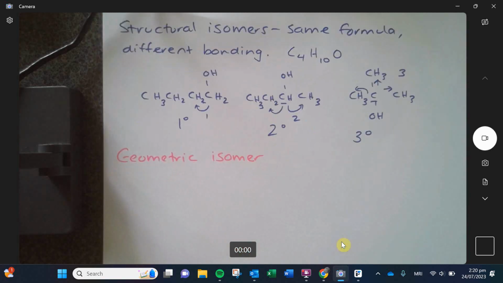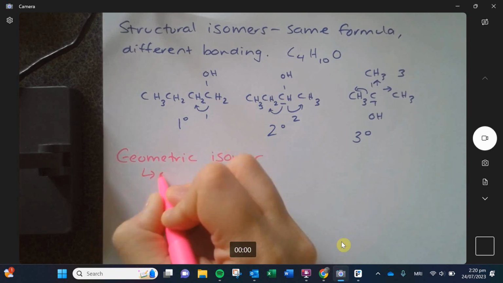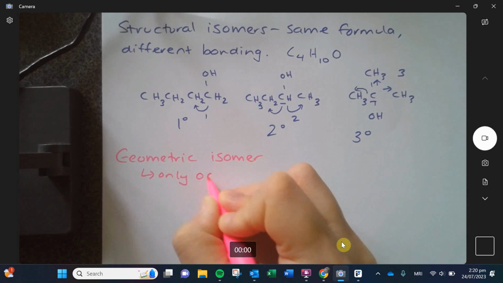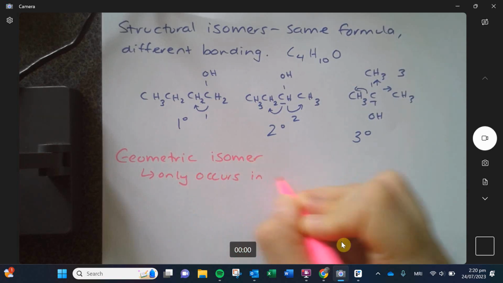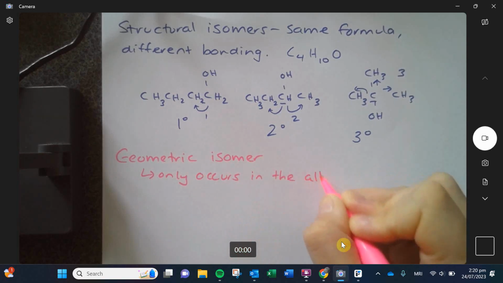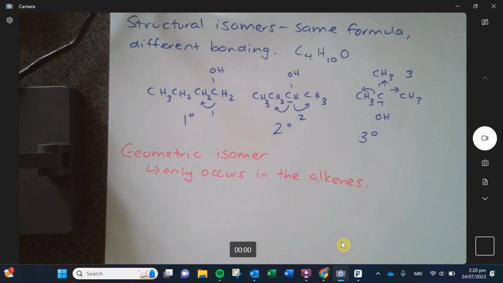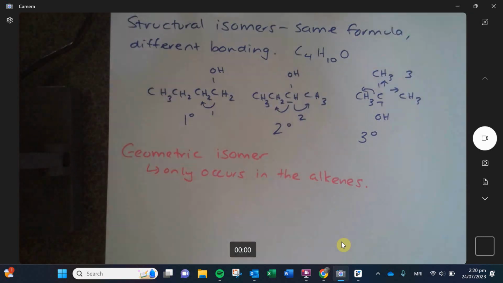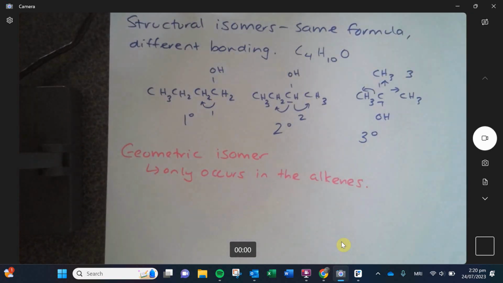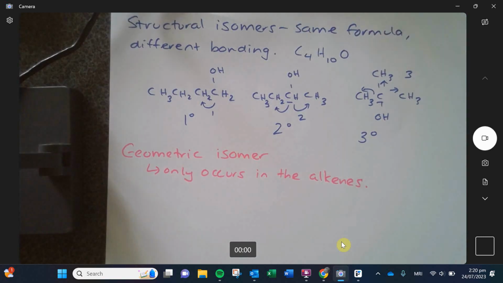Some things to remember with geometric isomers is they only occur in the alkene. So basically, I need something with a double bond. The reason why I need something with a double bond is because when it has that double bond, the molecule cannot rotate.